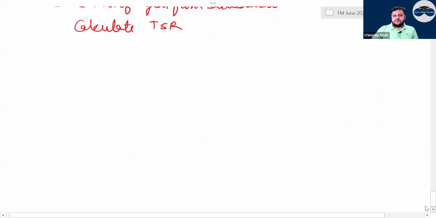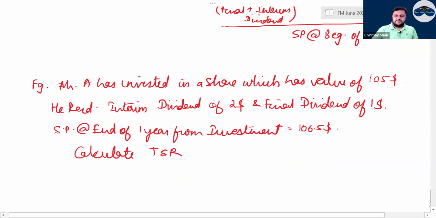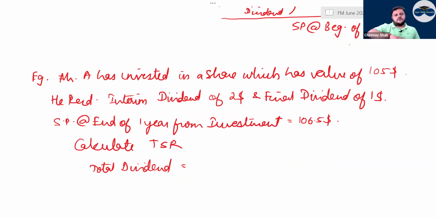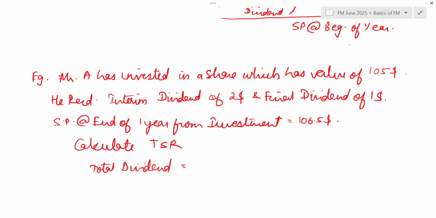Now, without the help of the formula, we'll derive every part of the formula. First, tell me what is total dividend. Write down, I'll give you time to write. How much is total dividend? $3, correct?